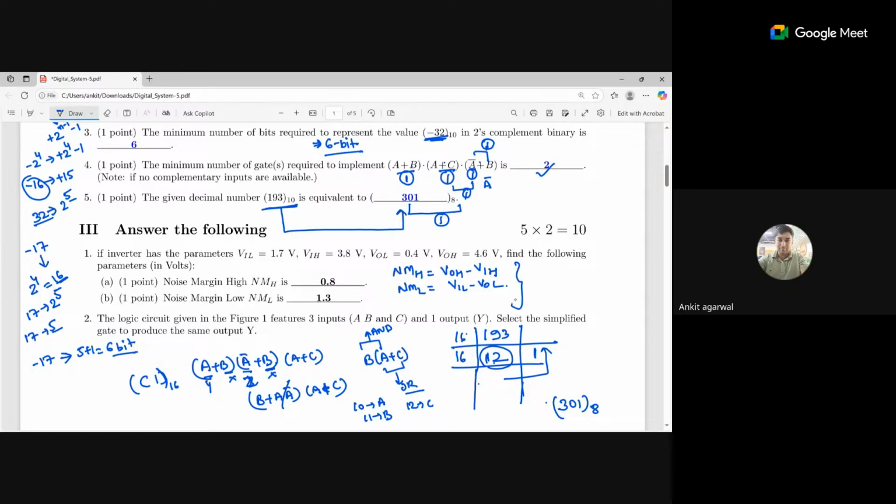Always remember that VOH is greater than VIH, VIH is greater than VIL, and VIL is greater than VOL. So for noise margin high, the higher term is VOH and the lower term is VIH, so we take VOH minus VIH. For noise margin low, VIL is greater than VOL, so we take the difference VIL minus VOL.